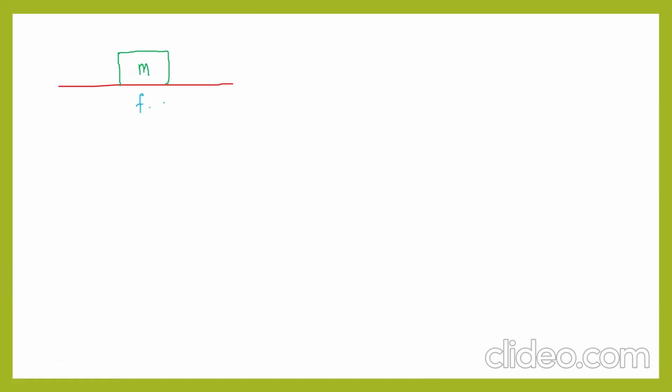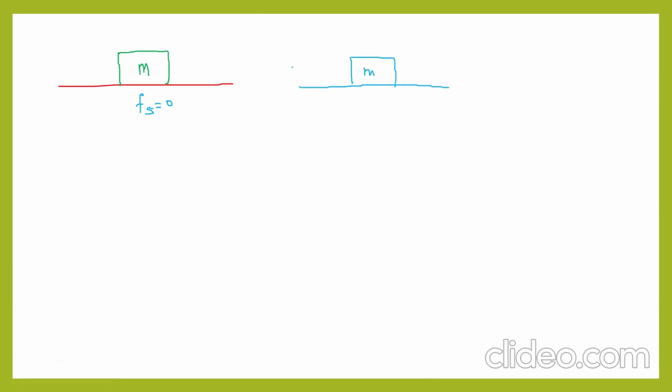Fs is 0, because there is no tendency of motion. Static friction always opposes the tendency of motion. If you are not applying any force, there is no tendency of motion in this block.